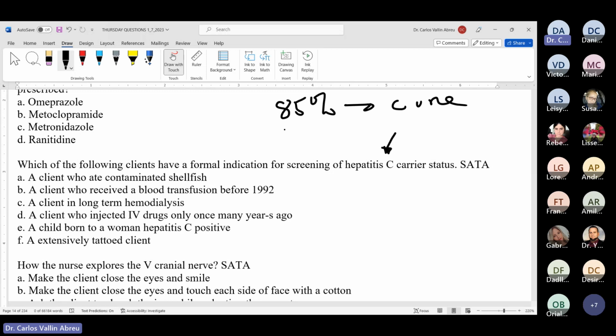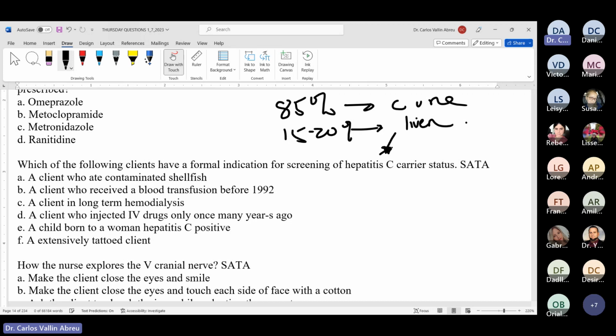But then, 15, 20% of the clients cannot clear, cannot eliminate the virus, and the virus stays living in the liver lifelong. Those are carriers of viral hepatitis C.